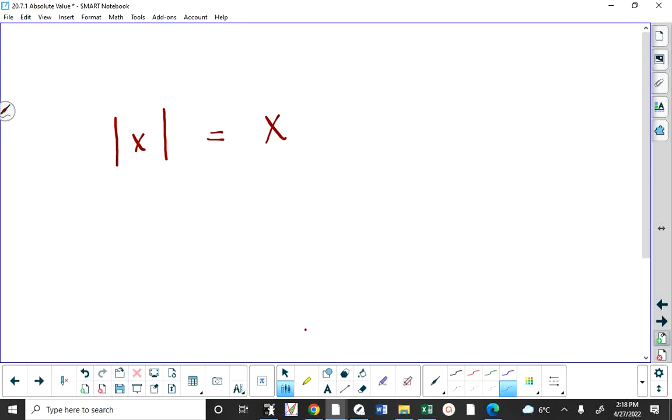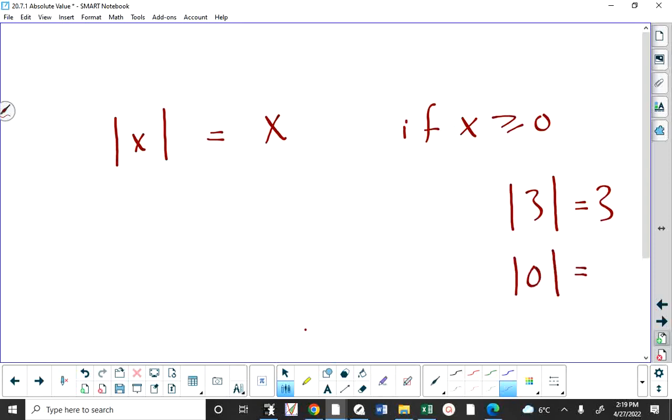Am I allowed to do that with any number? If the number is greater than 0. Right. And I'm going to go even further and say if x is greater than or equal to 0, because the absolute value of 0 is 0. So if I tell you what is the absolute value of 3, it's just 3. You don't need the absolute value signs. If I tell you what is the absolute value of 0, it's just 0. You don't need them.